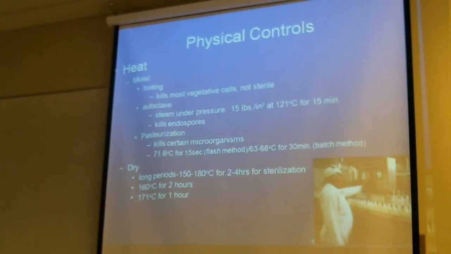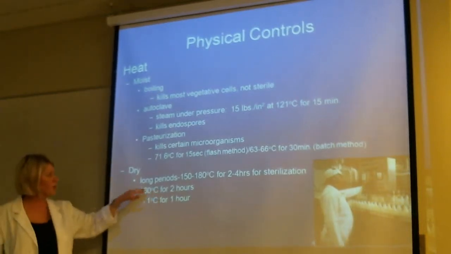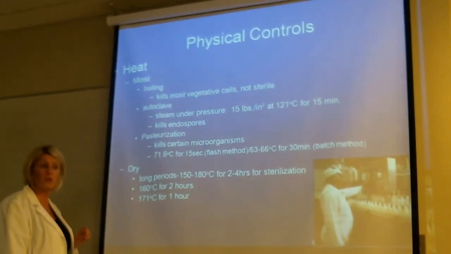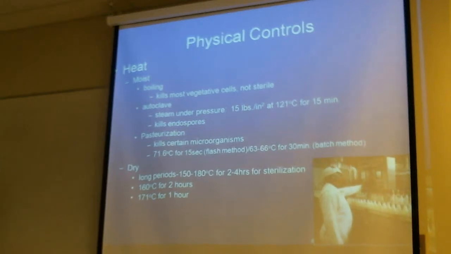Now, another way that you can sterilize is using dry heat. And a lot of times they'll use ovens for these types of sterilization procedures. This is the numbers that I want you to know. The temperature is between 150 to 180 degrees Celsius.